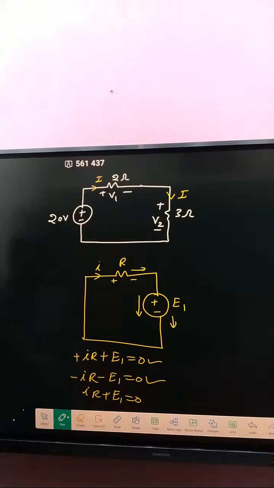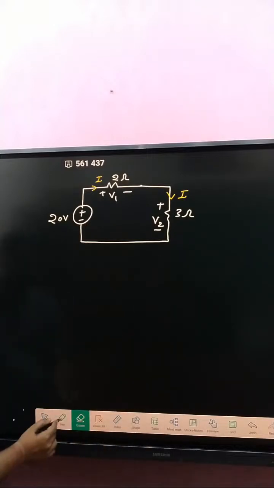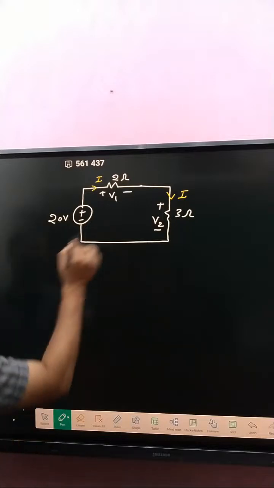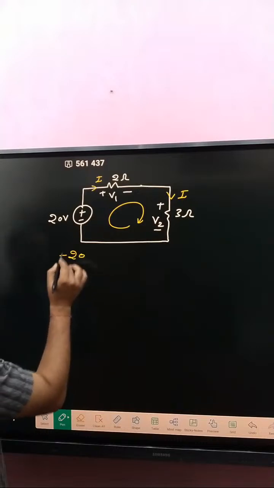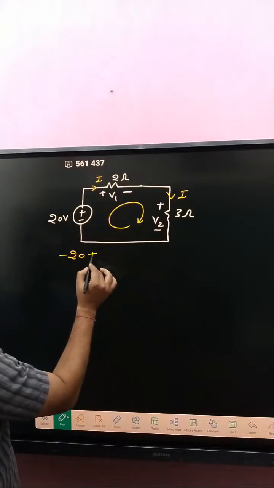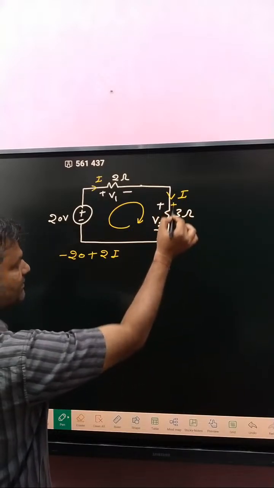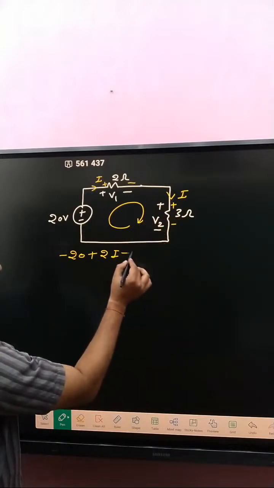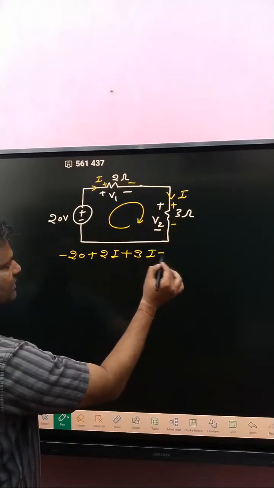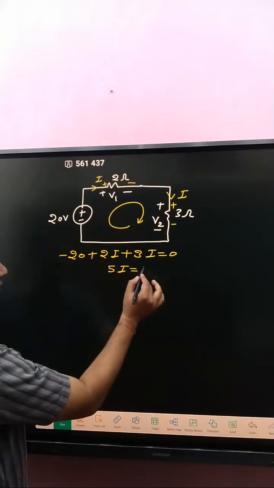So how can I apply it? Now if you apply KVL in this loop: minus 20 plus 2I, plus 3 into I, with current entering from positive to negative, this will be equal to 0. So 5I is equal to 20.